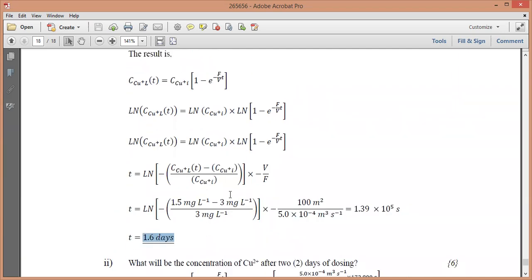Then let's look at the concentration. Remember, we were asked to achieve this concentration, meaning the outlet and within the reactor becomes the same, isn't it? So for this concentration, we're going to put 1.5, because we're trying to achieve 1.5 milligrams per liter. Then the dosing concentration for copper, we've been given in the question as 3 milligrams per liter.